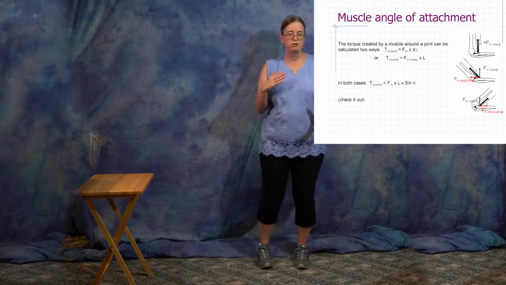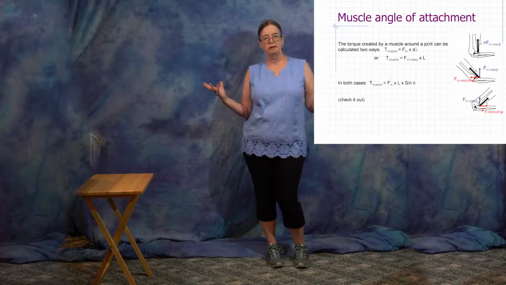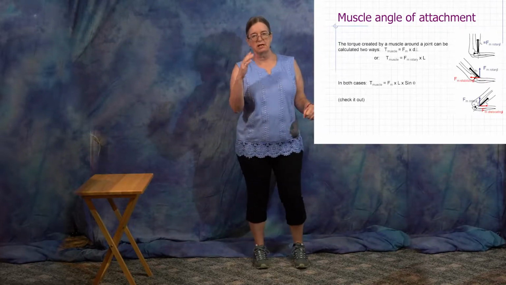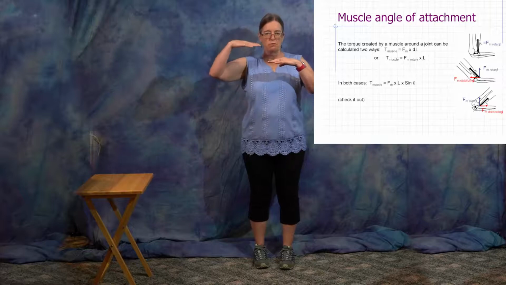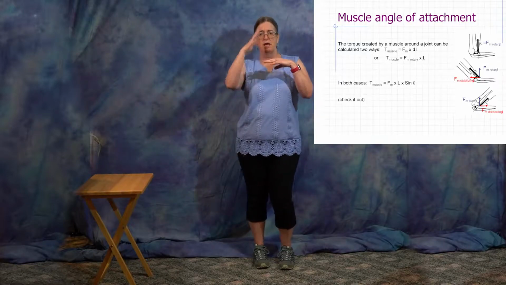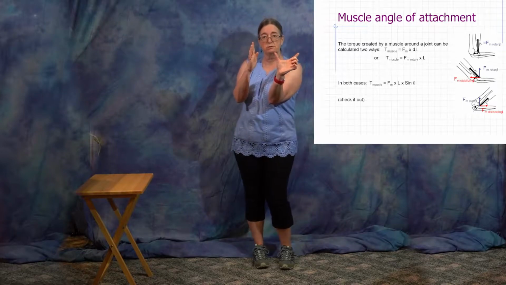So now I've shown you two ways of expressing the torque created by the muscle. The first one is to take the muscle force and split it into two components, one that's perpendicular to the bone and one that's along the axis of the bone, and multiply the one that's perpendicular to the bone by that distance of attachment.